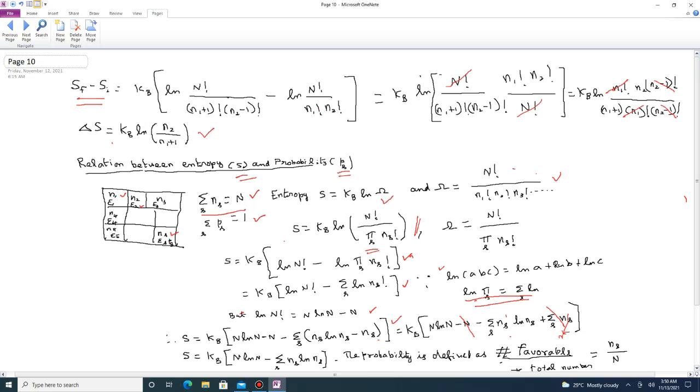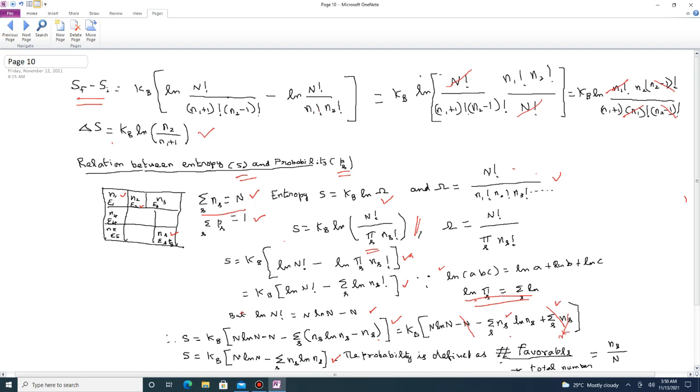The sum over s of n_s will be the total, capital N, so the capital N plus capital N minus capital N gets cancelled. The final expression becomes S is equal to k_B, capital N log N minus the sum over s of n_s logarithm of n_s. So this is your expression.